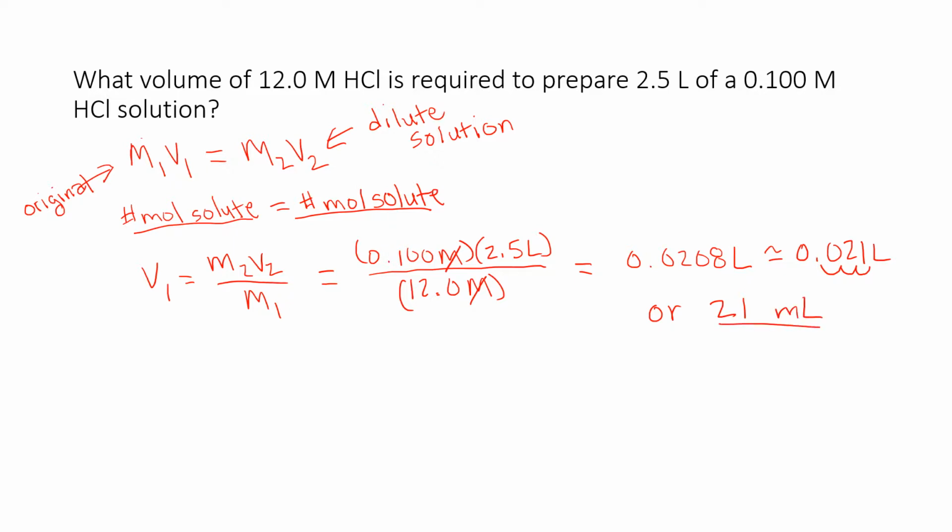Okay, so we would need approximately 21 milliliters of the 12.0 molar HCl solution and then we would add that to a volumetric flask, and then that would be 2.5 liters, and then we would dilute to the mark with water, and that would give us the 0.100 molar concentration solution of HCl.